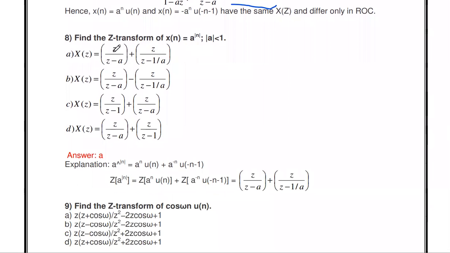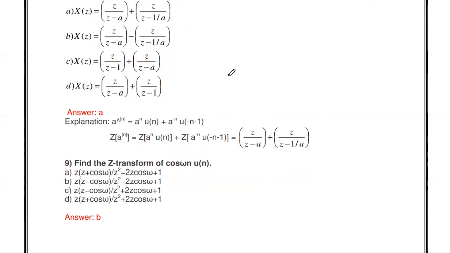Then the next one: find the Z transform of x of n equal to a power modulus n. This is a very important, big question, so we solve it separately. Already you know a power modulus n can be split, because modulus n means n can take positive values as well as negative values. If n is positive, the signal behaves as a power n u of n.